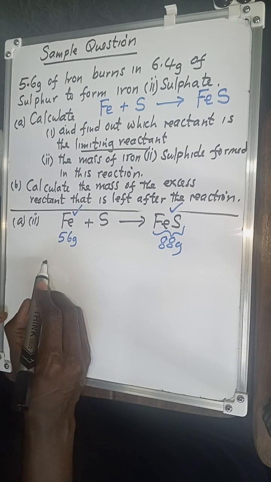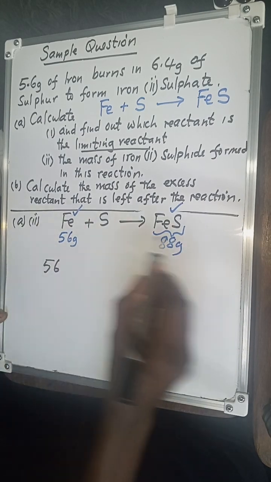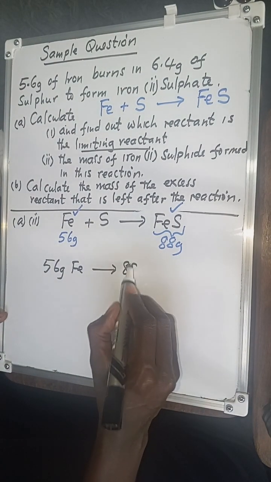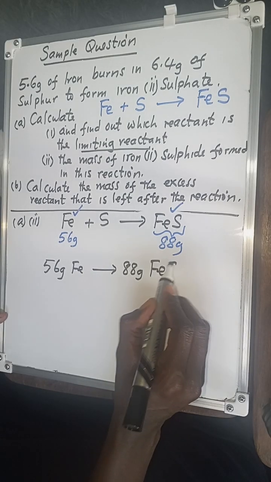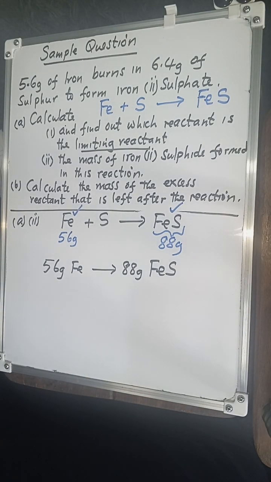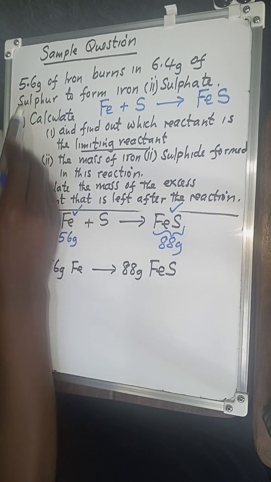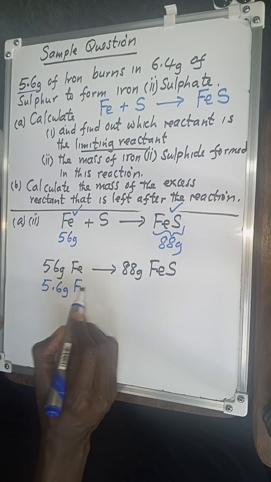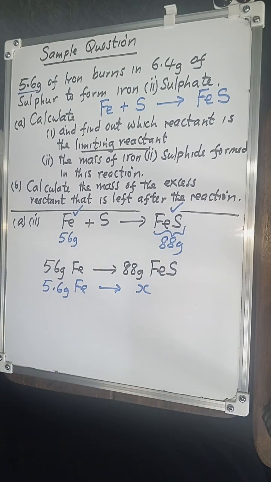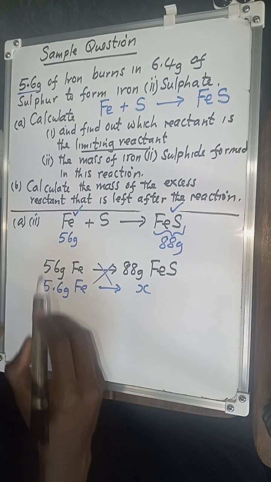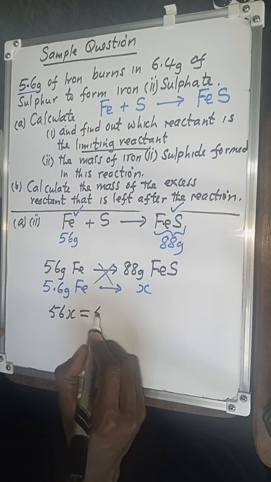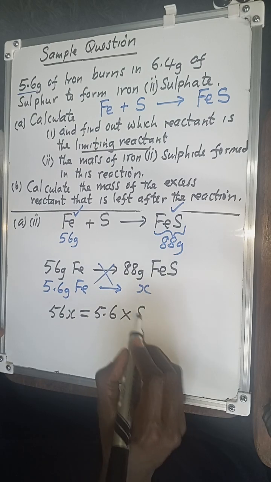So what are we going to do? From the balanced chemical equation, 56 grams of iron produces 88 grams of iron 2 sulfide. Remember the mass of iron that they used was 5.6. So suppose I have 5.6 grams of iron, what mass of iron 2 sulfide will I produce? We cross multiply: 56x is equal to 5.6 multiplied by 88.